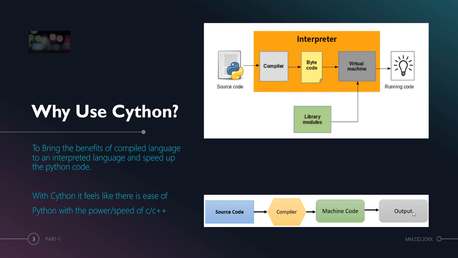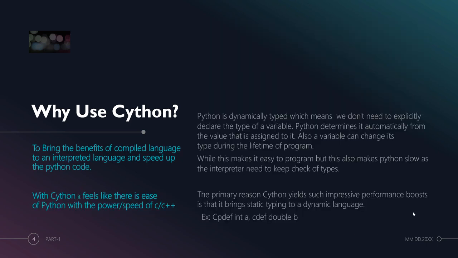However, the downside is that this machine code is dependent on the platform, and you cannot run the same code on different platforms. In the case of an interpreter, you can write on one platform and run on another one. But this compiled code is very fast. And in Cython, we make use of this feature of compiled languages.